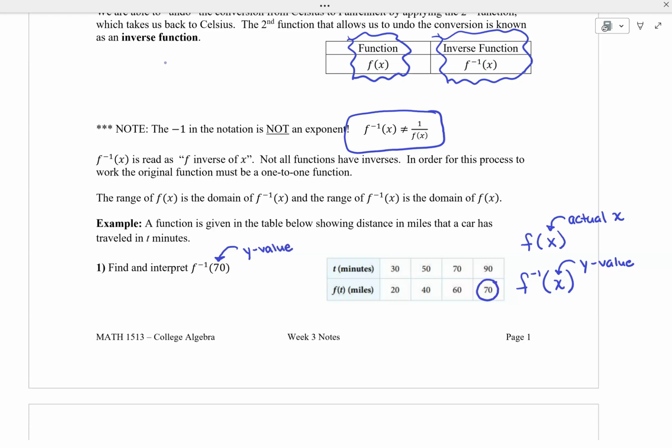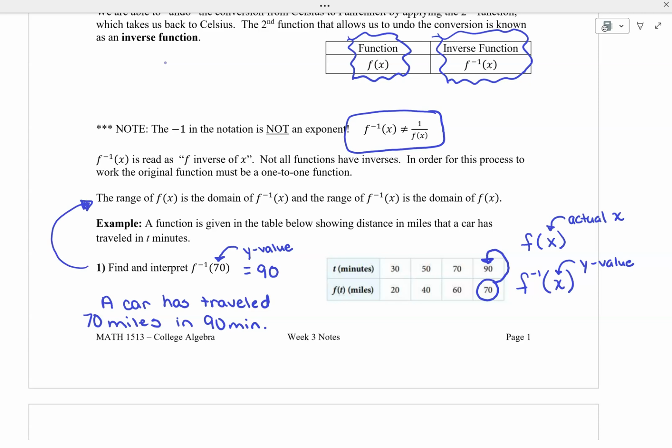So here it is, which means my answer is 90. Okay, and that basically just means a car has traveled 70 miles in 90 minutes. Okay, so think about it. The range of f of x is now the domain of the inverse. So that is why we have to look at that y value. Okay, so it's coming from this right here.